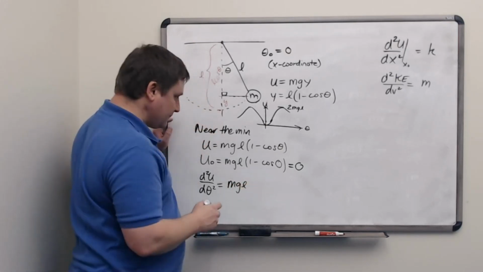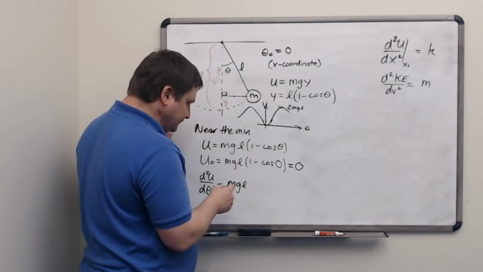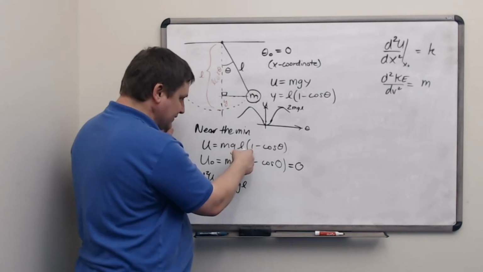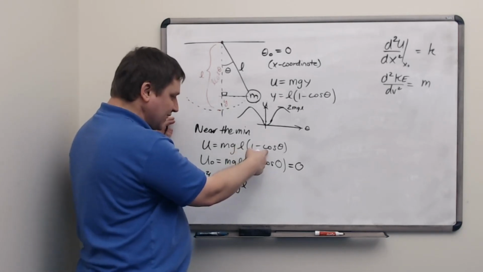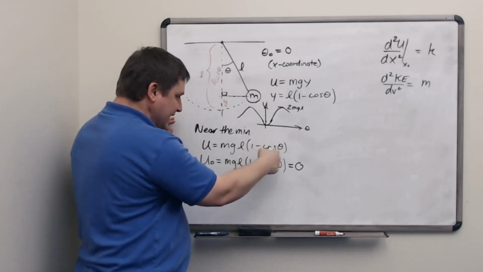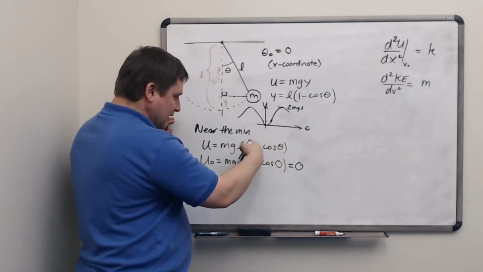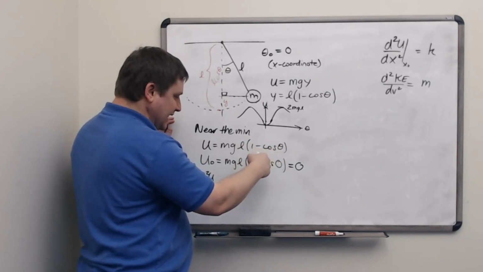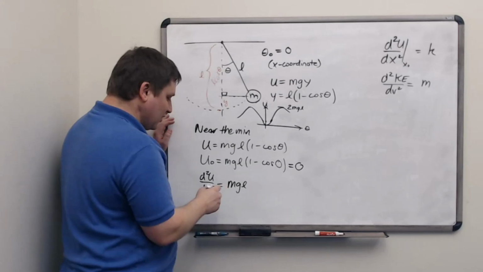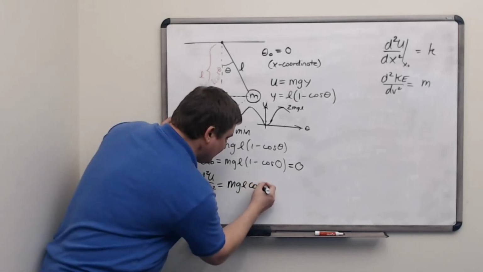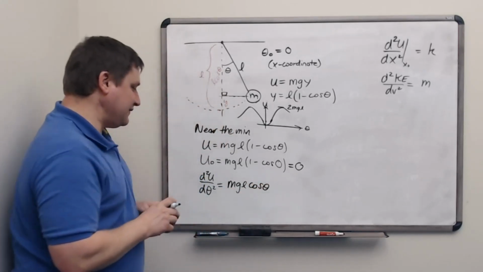The 1 will get turned into 0 by the first derivative. The cosine will turn into negative sine, so we'll get negative times negative sine in the first derivative. So sine in the first derivative. And in the second derivative, we'll go back to cosine. So cosine theta with a positive in front.